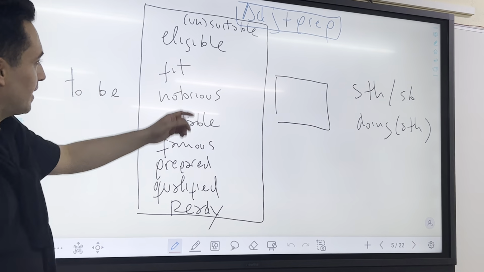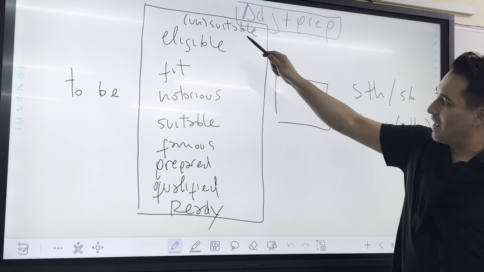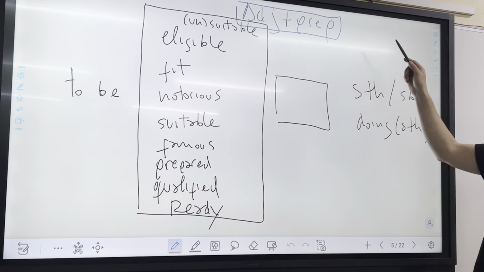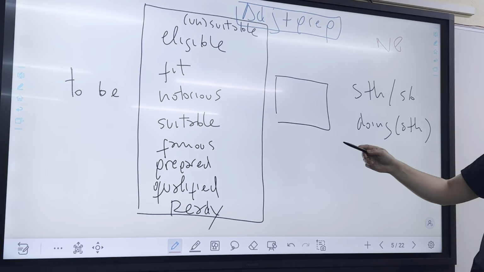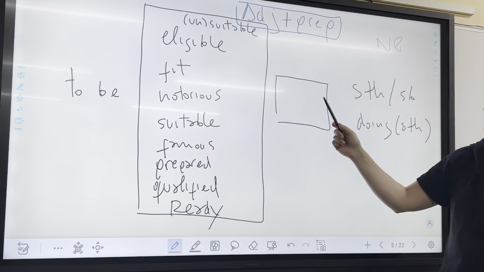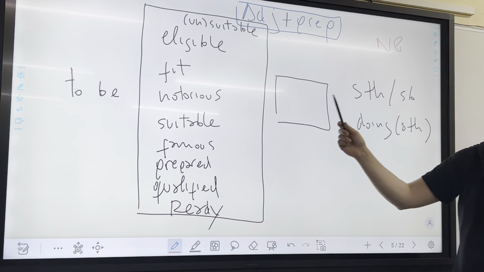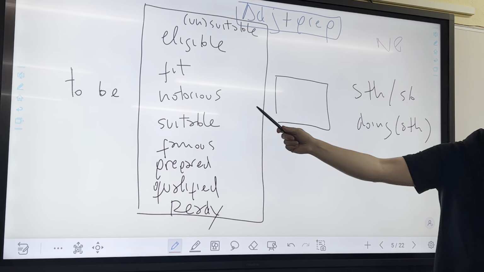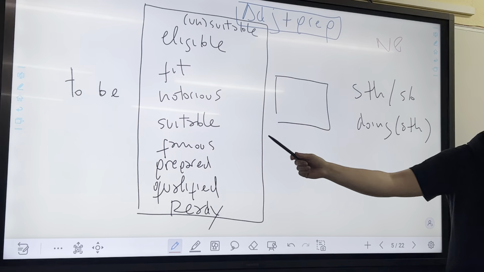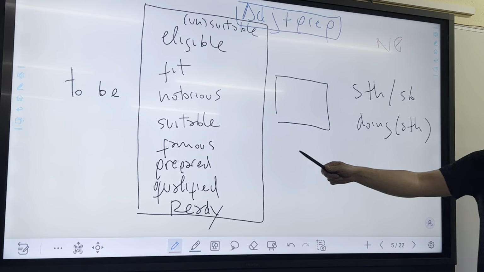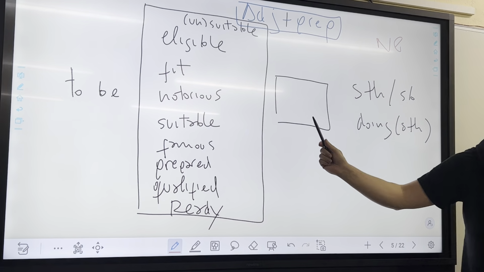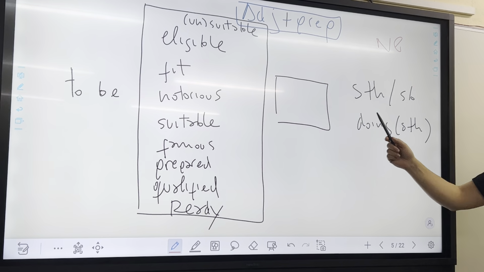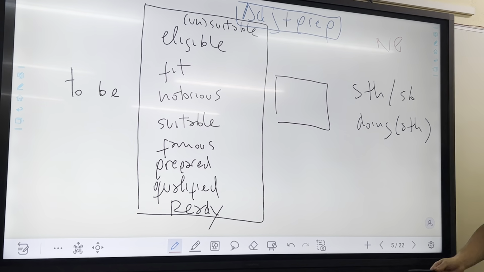Have a look at this. Again, what is the pattern here? Adjective, preposition, and noun phrase. To be eligible, something. To be fit, something. To be notorious, something. Suitable, something. Famous, something. Prepared, something. Qualified, doing something.